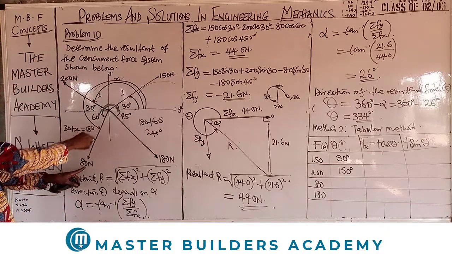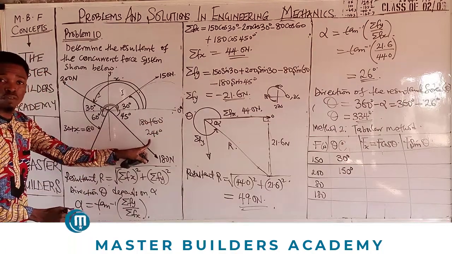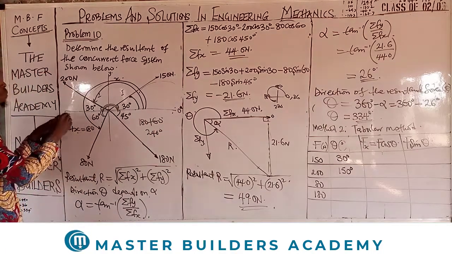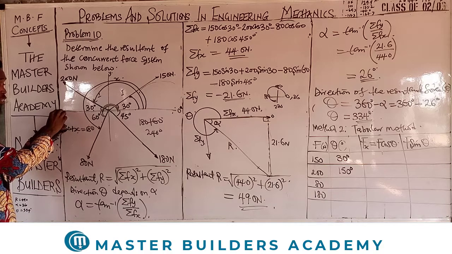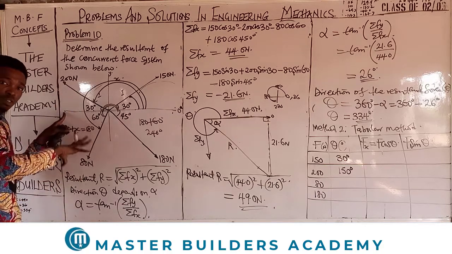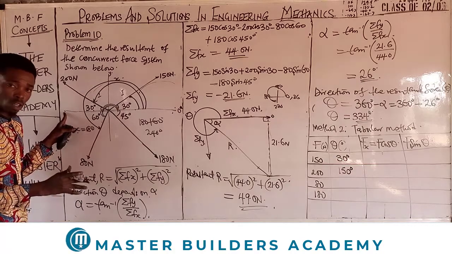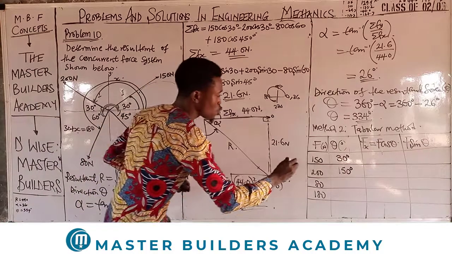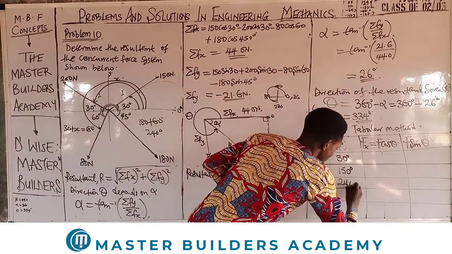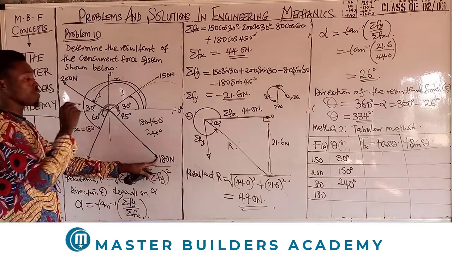That means the angle of this force from 0 degrees from the starting point is 240 on the third quadrant. Remember, it must be more than 180, because this is where you have 180 and it's in the third quadrant. So forces in the third quadrant are forces whose angles are more than 180. Right? So this is what we have. Then this becomes 240 degrees. Then finally for the last angle, we have here on the fourth quadrant.